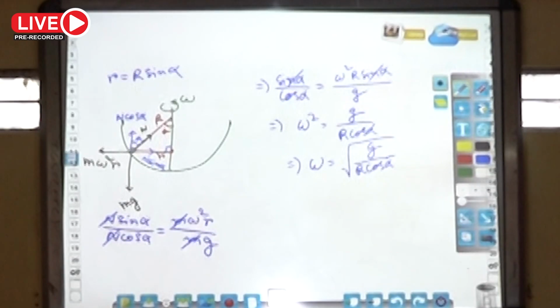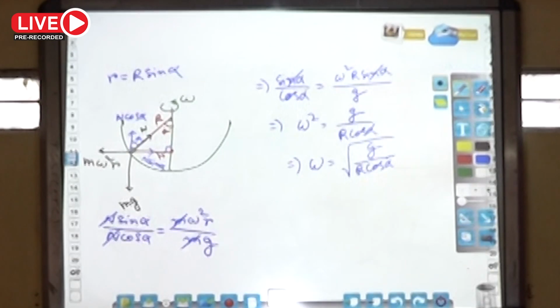So I want to resolve N only. One component of N is upward, that is N cos alpha. Another component of N is horizontal, that is N sin alpha. Then from that we can write N sin alpha equal to m omega square r, because when you view from the non-inertial frame, the ball seems to be in equilibrium.